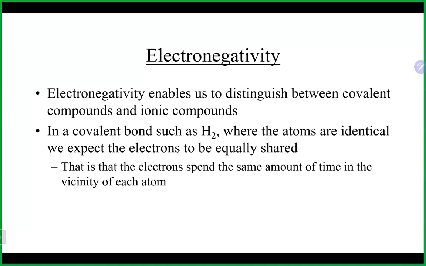So for example, if we think about our hydrogen example, because they are both hydrogen, they basically have identical electronegativity values. So neither is going to pull the electrons much one way or the other. So what happens in this case, if my really bad lines here represent the electrons, is we get an equal sharing of electrons between them.